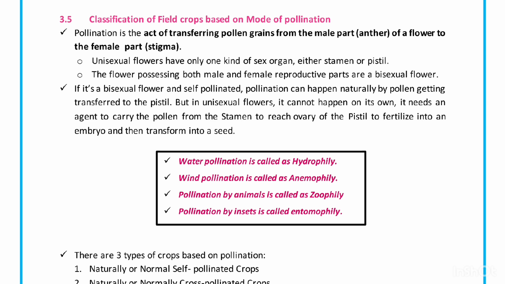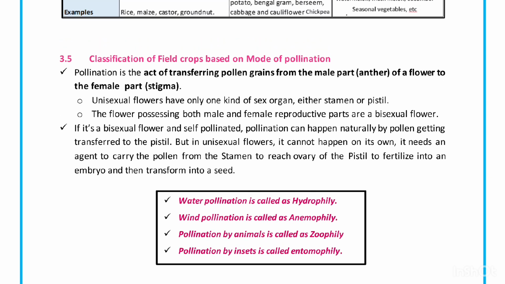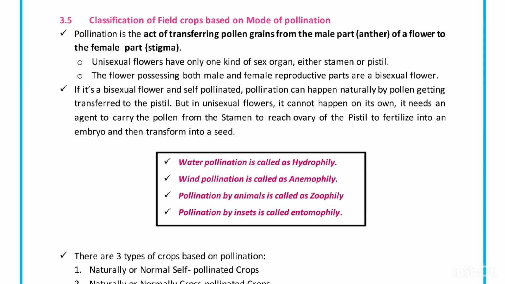Once pollen is transferred from the anther to the stigma, the female part of the flower, that process is known as pollination. The process of transferring pollen from the male anther to the female stigma is known as pollination. I hope the meaning of pollination and this process is clear to you.